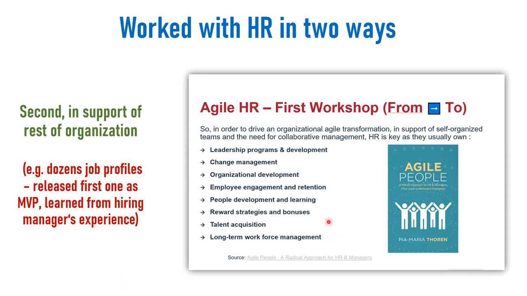And their first reaction, obviously, was we're going to write these dozens of profiles and release them all at once in 10 months. And myself and the rest of the coaching team said, not a very good idea, because you're not being agile in your way of working here. And we helped them come to this realization.